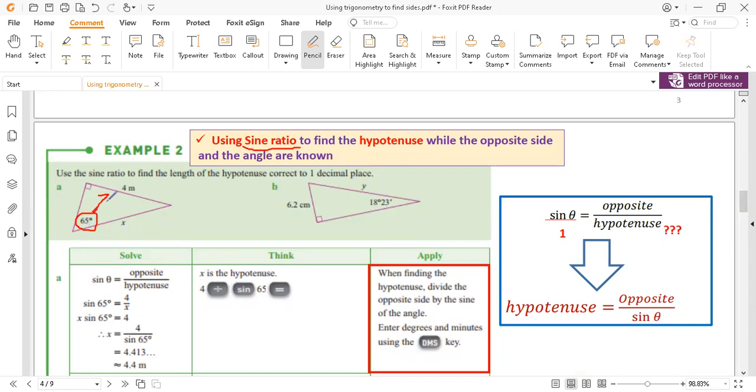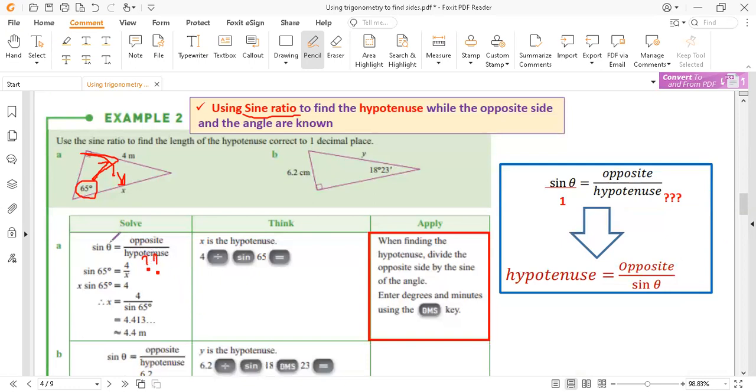The involved sides are the opposite and the hypotenuse, which is opposite to the right angle. So sine of 65 equals the opposite, 4, over x. We want to find the hypotenuse. Here, the hypotenuse is the unknown, the variable.